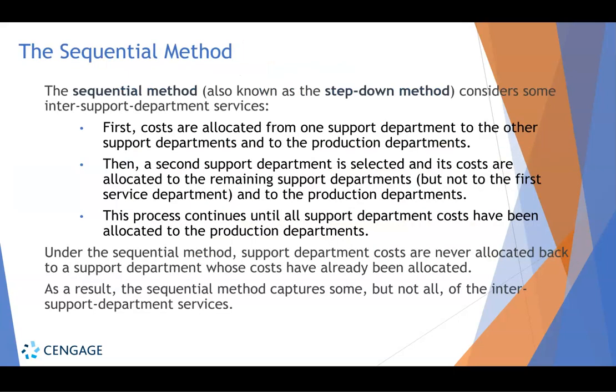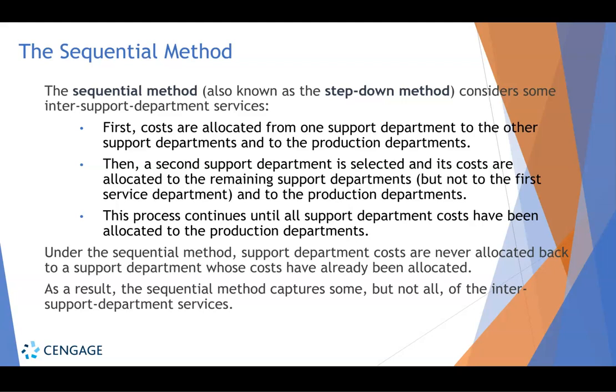Now, the sequential method, sometimes called the step-down method, considers some inner support department services. The costs are allocated from one support department to the other and to the production departments. Then a second support department is selected and its costs are allocated to the remaining support departments, but not to the first service department, and then to the production departments.